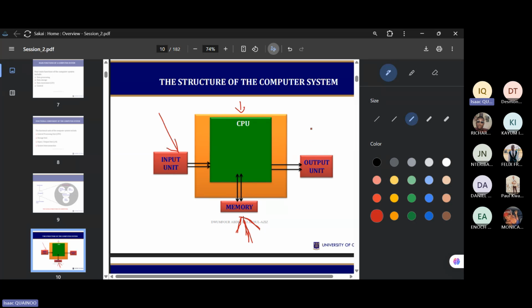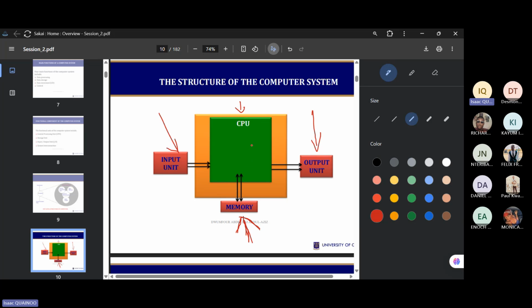And then we have the output medium. That is, after data has been processed, the computer returns output, or the result of what it had processed. But I just want to explain that when we talk about storage, we are not only talking about storage in terms of input, that is before processing.